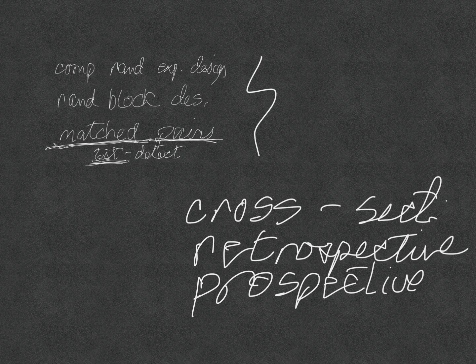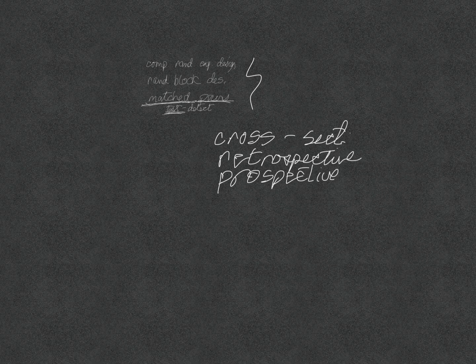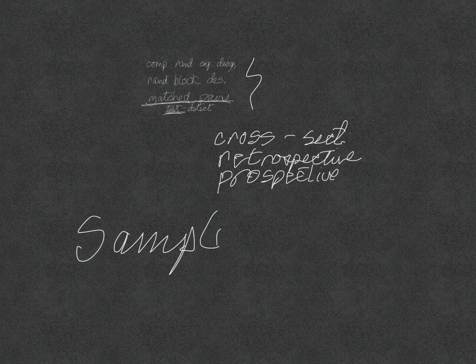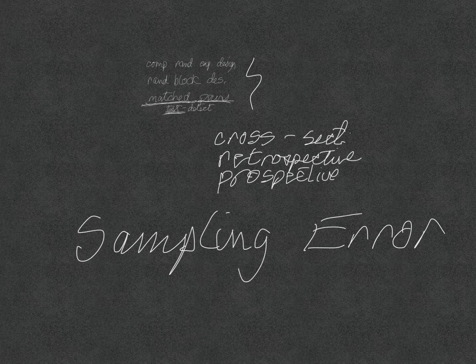Okay? Finally, what's the issue? Well, the issue is you want to avoid something called sampling error. Whenever you make a sample, it's not exactly like the population.